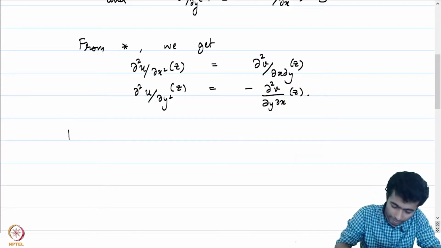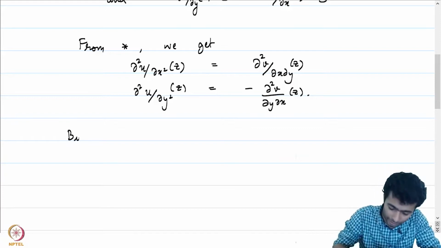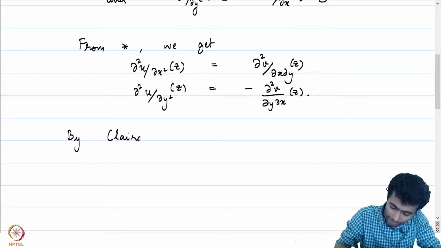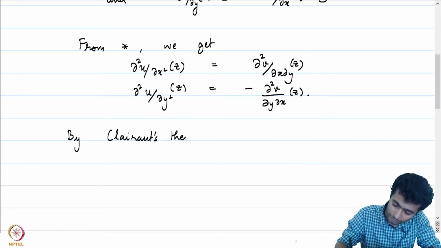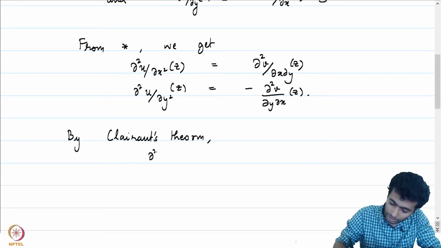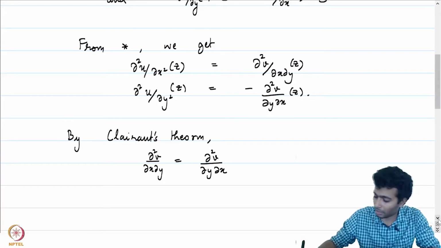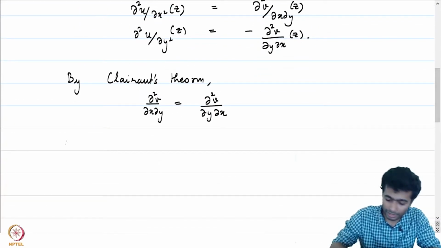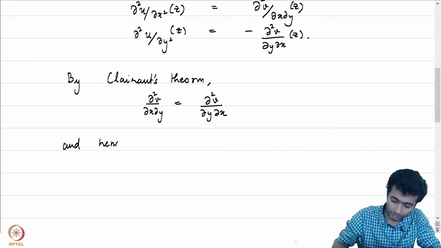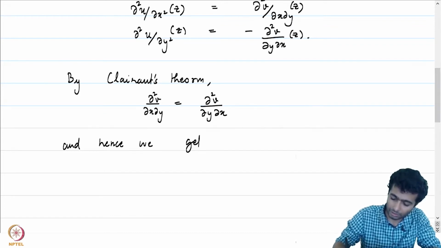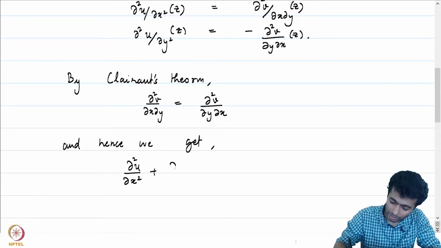So let me just note that since they are twice continuously differentiable, by Clairaut's theorem, ∂²v/∂x∂y is the same as ∂²v/∂y∂x, and hence we get ∂²u/∂x² plus ∂²u/∂y² is equal to 0.